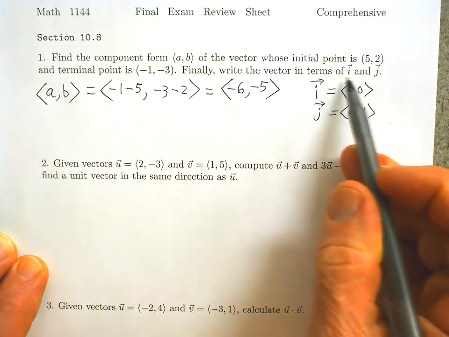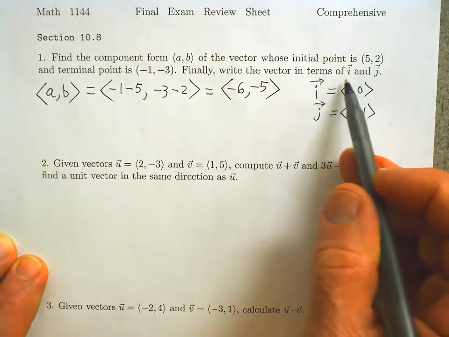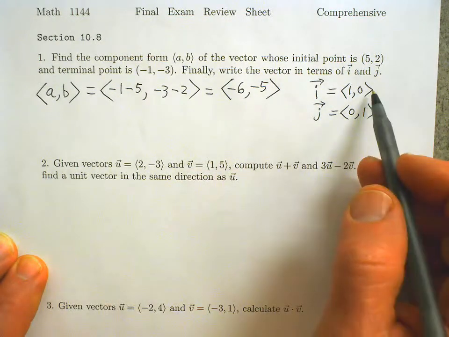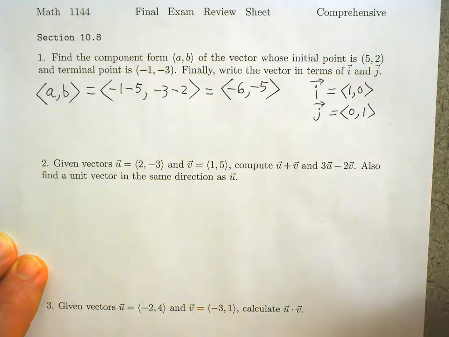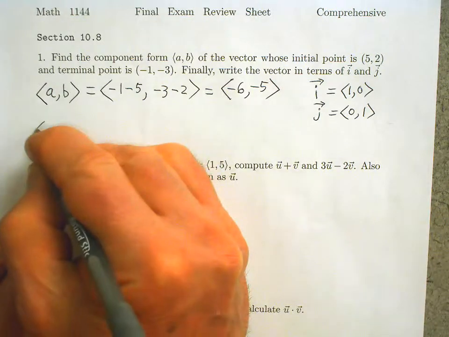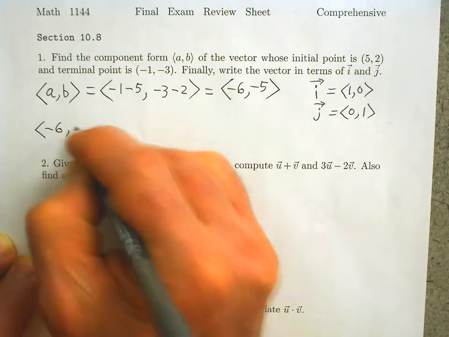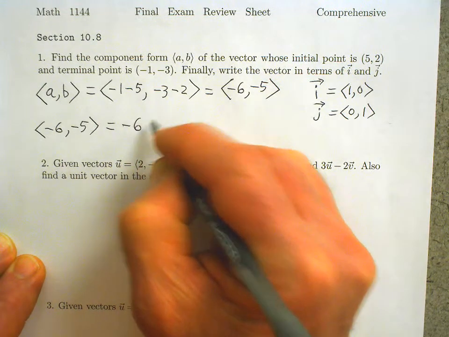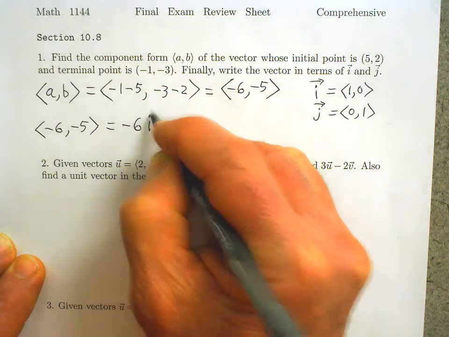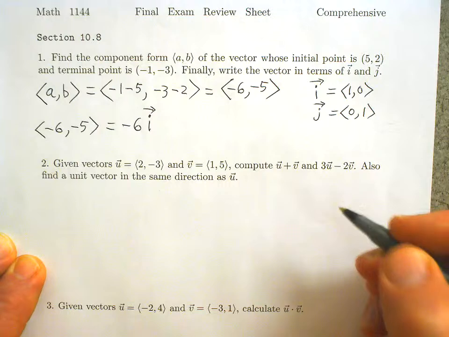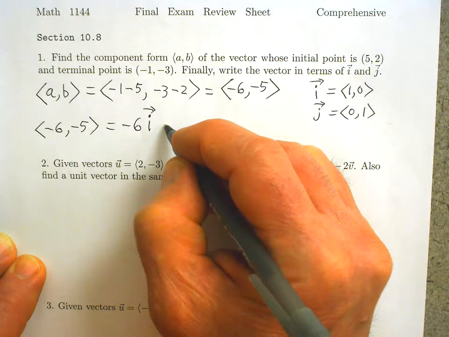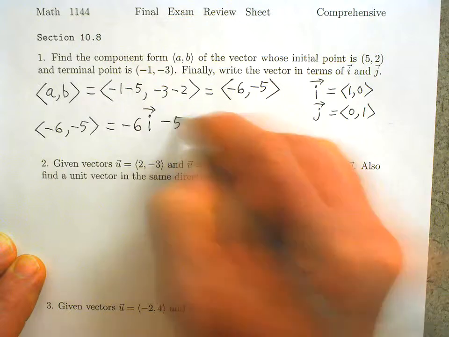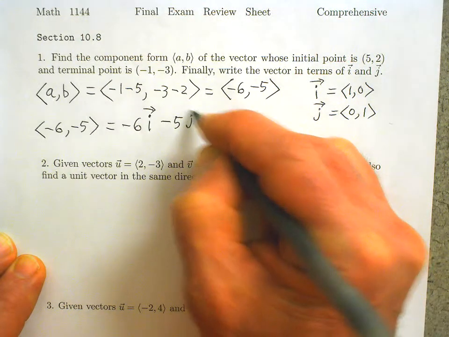And then using the unit vectors i and j, we'll write a linear combination. So negative 6, negative 5 is equal to negative 6 times the unit vector i, and then plus negative 5j, but we'll just write minus 5 times the unit vector j.